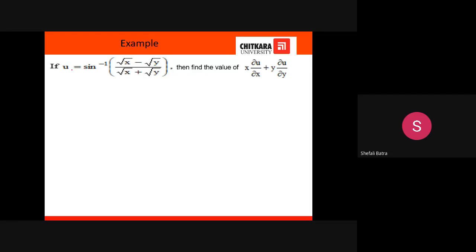Check, can u be a homogeneous function? u is equal to sine inverse of under root x, I'm taking outside in the same pattern, 1 minus under root y upon under root x divided by under root x, 1 plus under root y upon under root x.